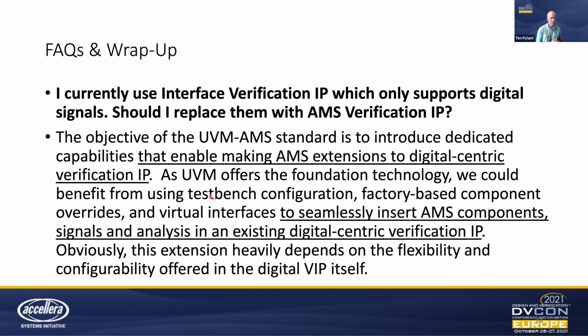The analog resource just passes the signals through, and things work very seamlessly. If you want to take that and extend it and add some of the true analog natures to it, you just replace the analog resource, and it makes it fairly seamless to integrate digital VIP and extend it into the analog to the AMS VIP.